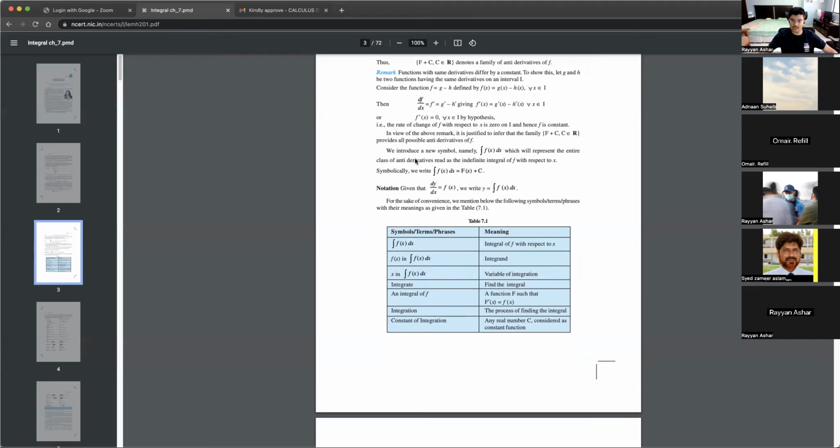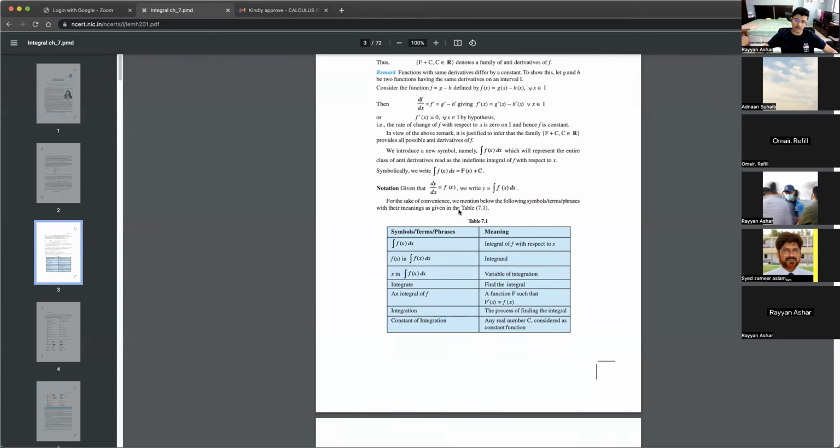So c is taken to account for any constant values in that function, so that the function we get from integrating is not different from what the actual function is.